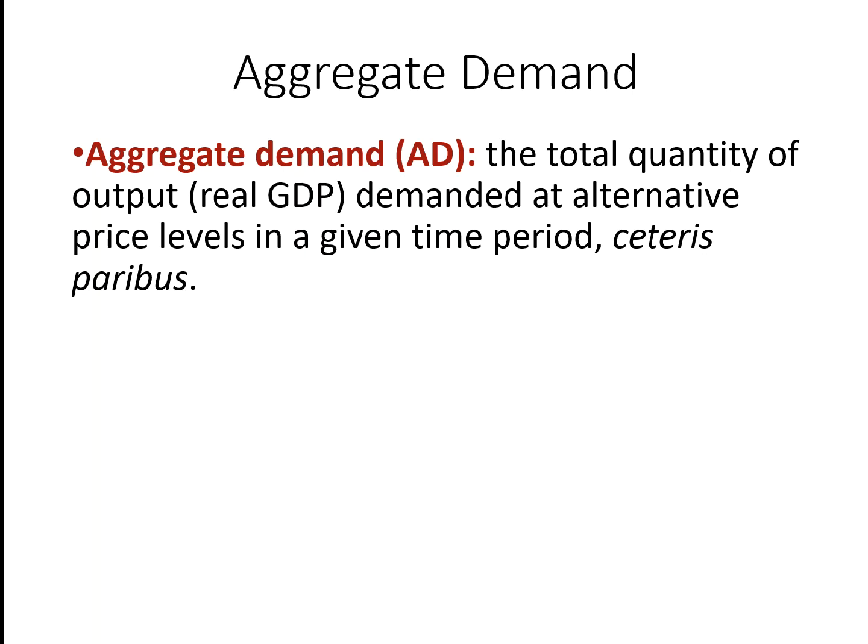The demand we learned in chapters 3 and 4, when we talked about individual product demand, was about the product's quantity demanded and product price. But now we talk about real GDP and its relationship with the price level.